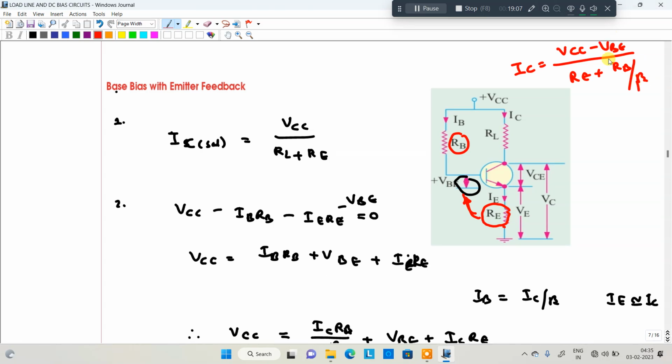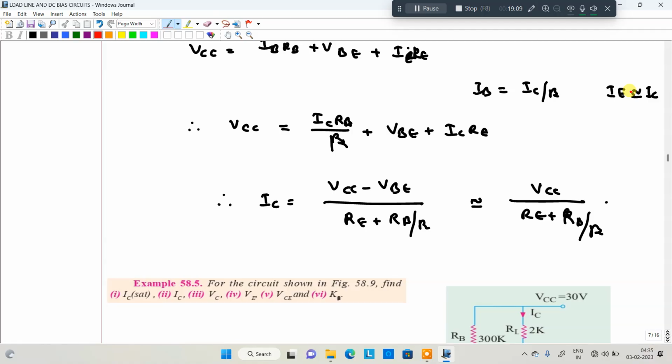Same formula? Yes, same formula: VCC minus VBE divided by RE plus RB by beta, to find the IC. In the same way, you can also write IC is equal to VCC minus VBE divided by RB plus beta into RE, referring RE to the base side.